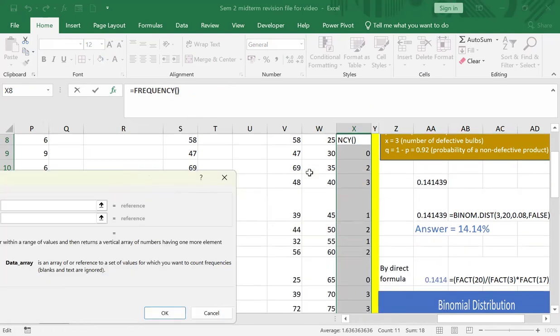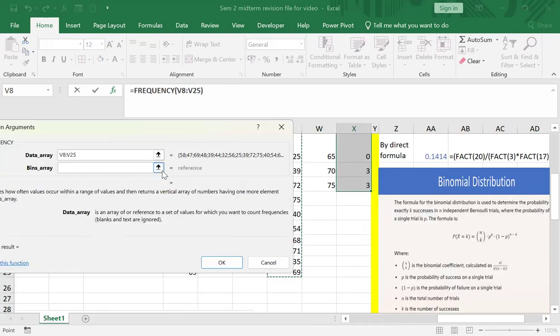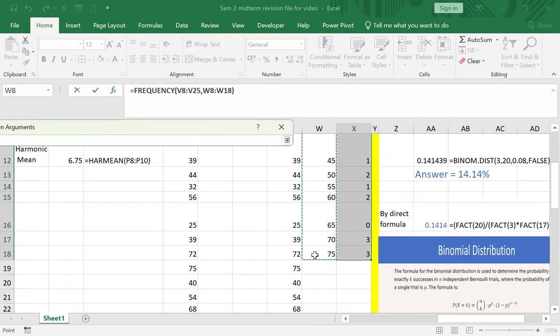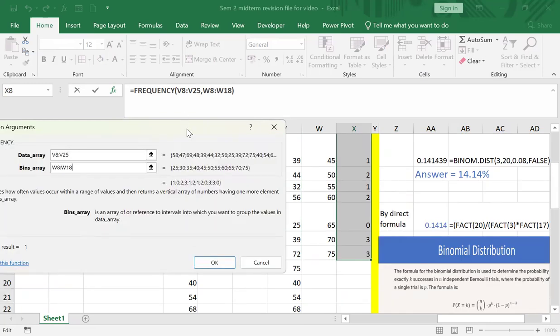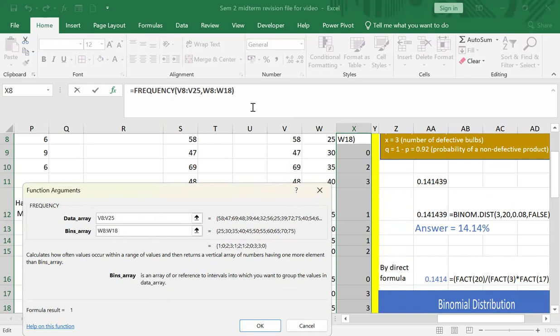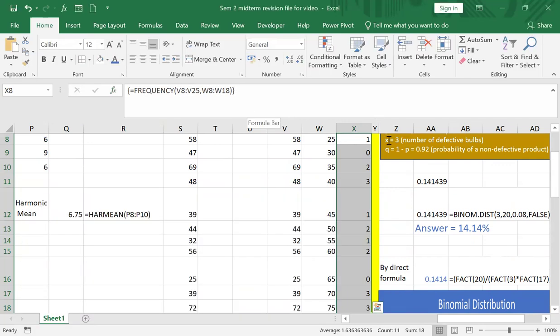The data is here, up to here. And where is the bin? The bin is here, up to here. Now don't press OK here. Come here and do Control Shift Enter. Then you'll get the data.